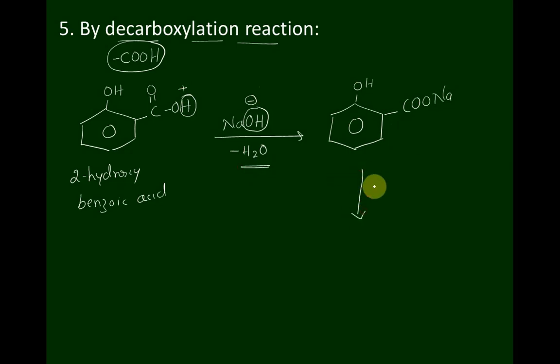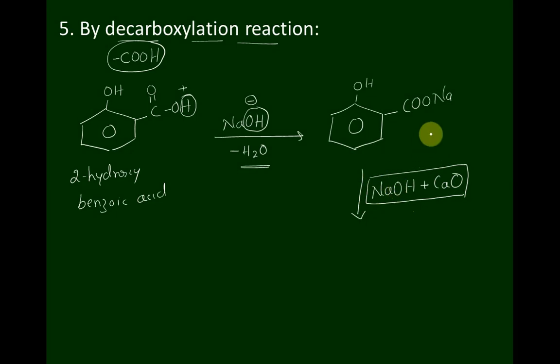Again, it is treated with sodium hydroxide as well as calcium oxide in the ratio of 1:1. This composition is also called soda lime. This composition acts as a decarboxylating agent.